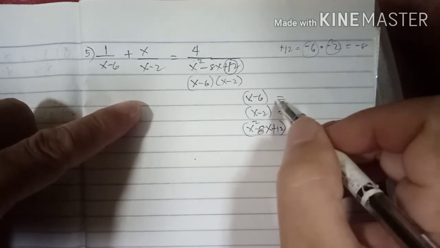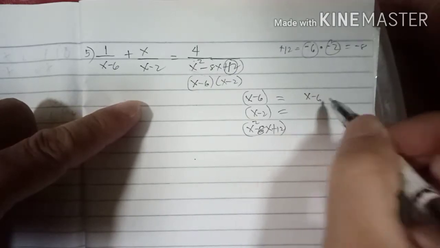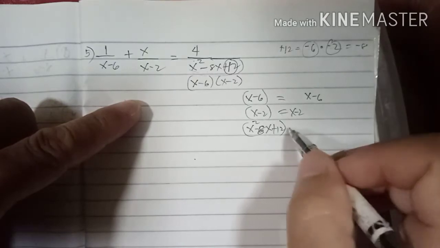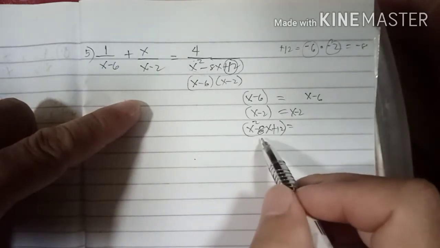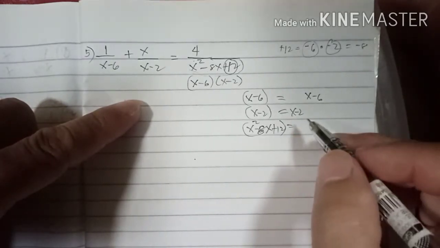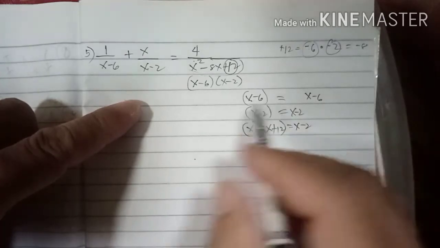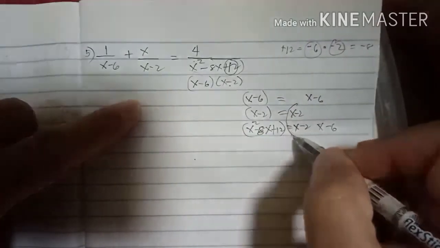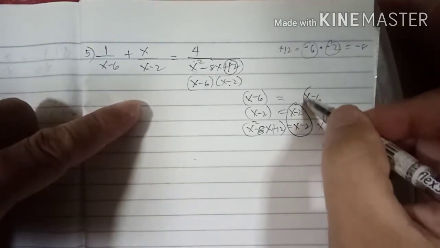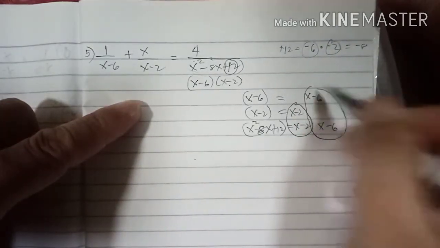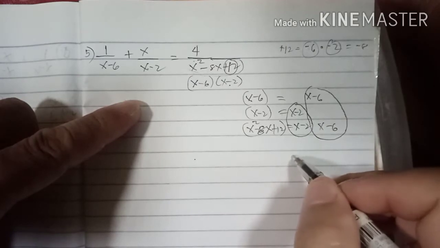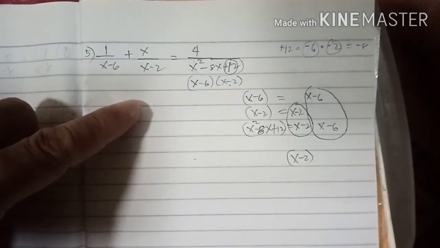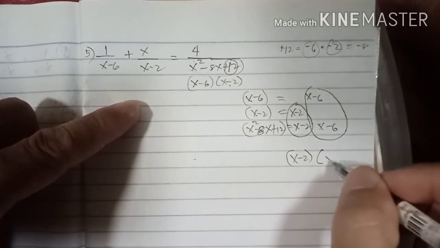So this x minus 6 is still x minus 6, and x minus 2 is still x minus 2. And for this x squared minus 8x plus 12, its factor is x minus 2 times x minus 6. So one pair of x minus 2, one pair of x minus 6. So the LCD is x minus 2 times x minus 6.